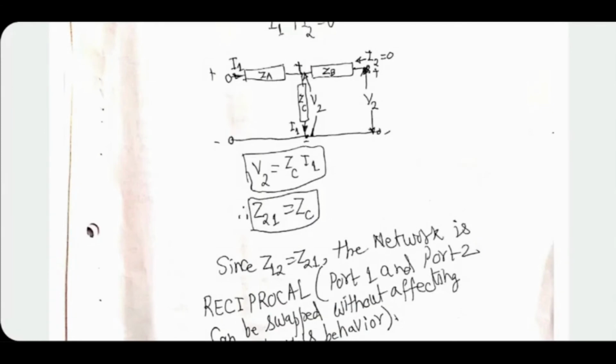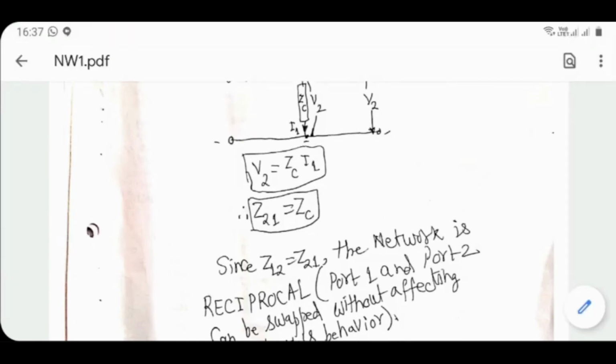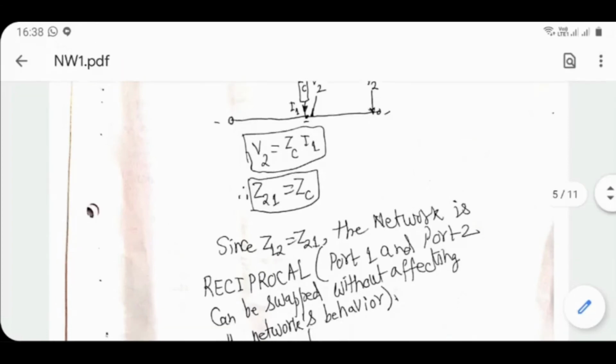For other networks, the answers will be different, obviously. This particular case shows that Z12 and Z21 are equal. In that case, it has been shown that the network is reciprocal in the sense that port 1 and port 2 can be interchanged without affecting anything. There's a theory behind it, but just take it from me. If Z12 and Z21 are equal, the network is supposed to be reciprocal.